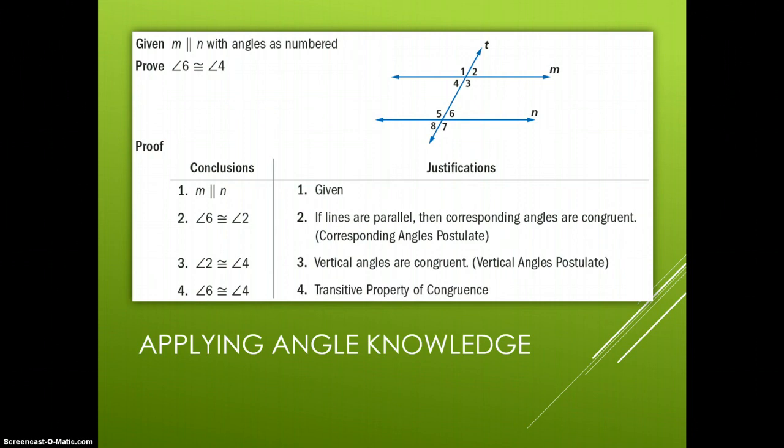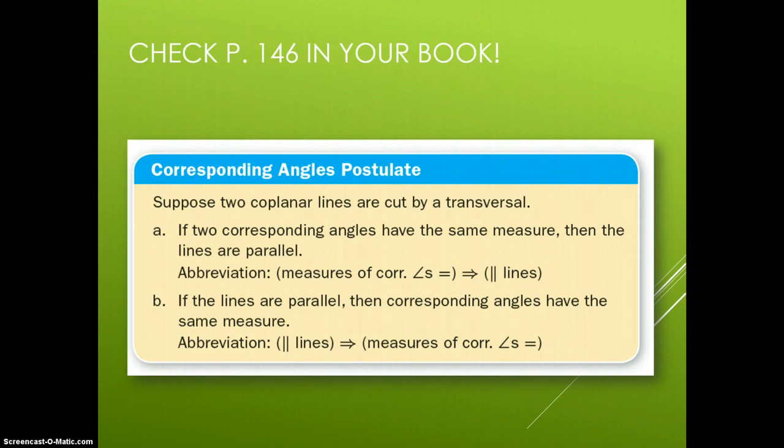Notice both angle 6 and angle 4 we proved to be congruent to angle 2. Since we know that 6 and 4 are congruent to angle 2, then we can say that by the transitive property, they are congruent to each other. And that's it. We're done. That's why the transitive property is so awesome.